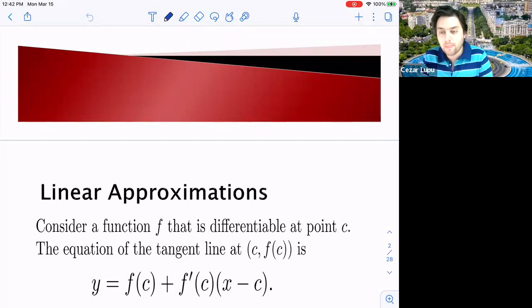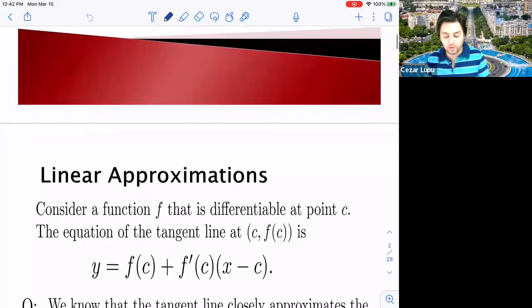And we know that the equation of a tangent line at the point of coordinates c, f of c, is y equals f of c plus f prime of c times x minus c. As you can see, the derivative at the point is nothing else than the slope of the tangent line. So this is the equation, as you already know.